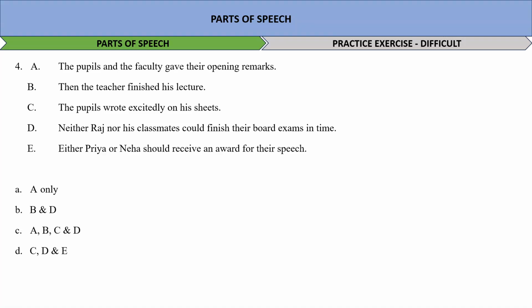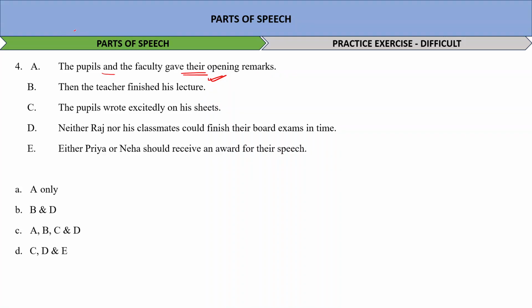So when I read these sentences, the pupils and the faculty gave their opening remarks. So the pupils and the faculty are combined with the help of and, and the pronoun used here is somewhat correct, right?